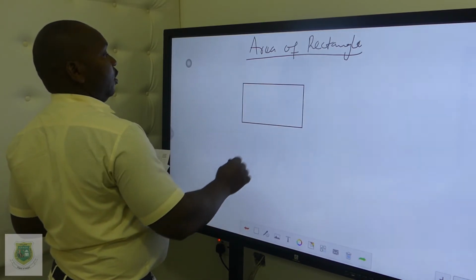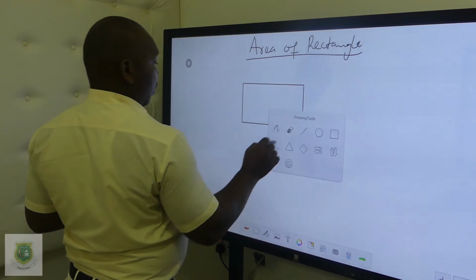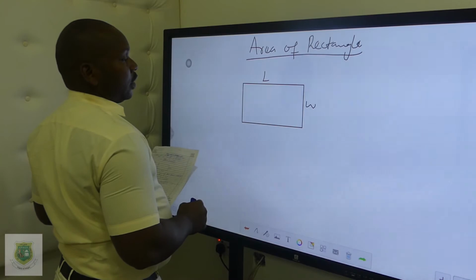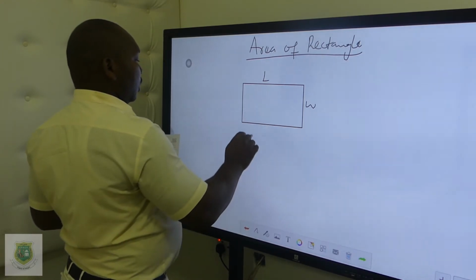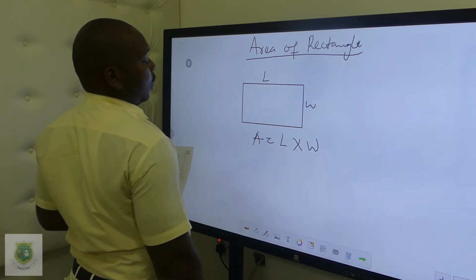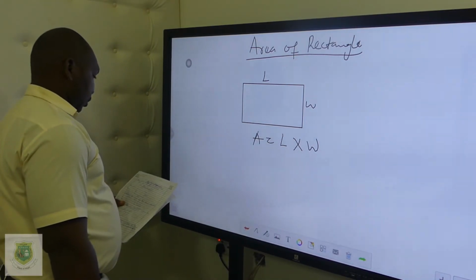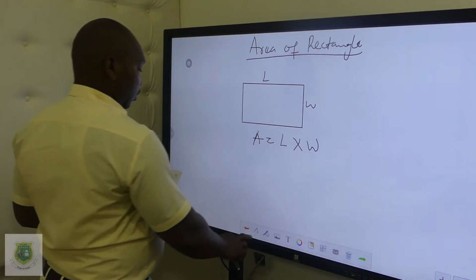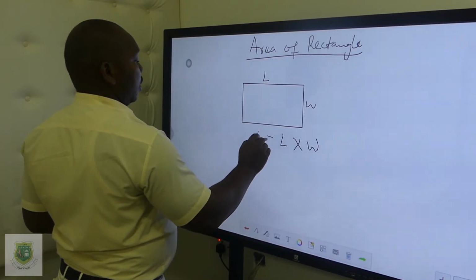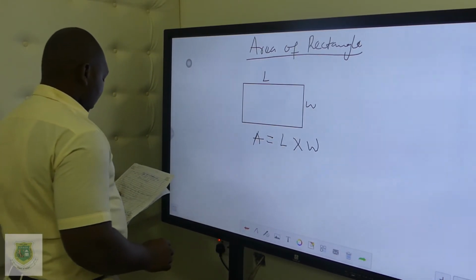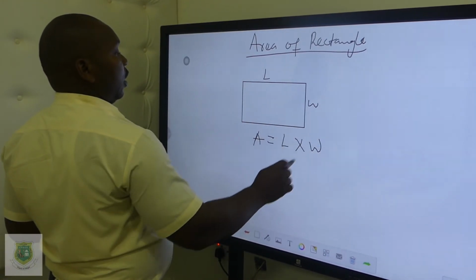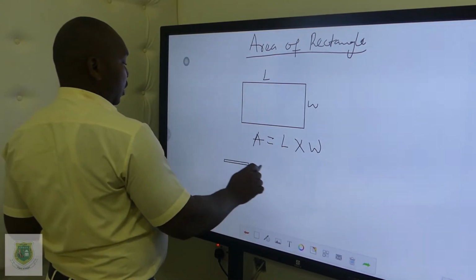In a rectangle, you know that the opposite sides are equal. So the area is equal to length times width.